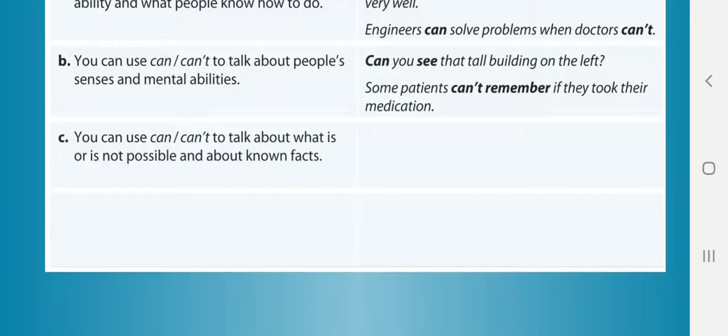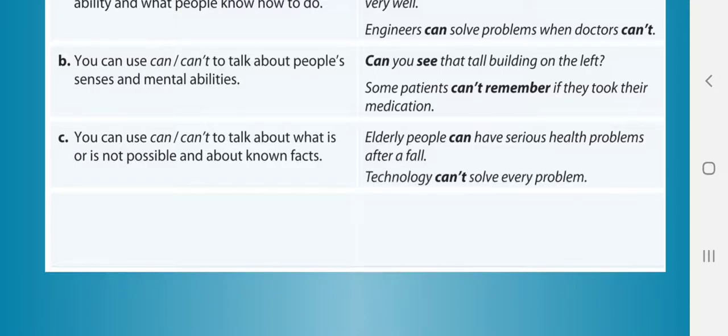You can use can or can't to talk about what is or is not possible and about known facts. For example, elderly people can have serious health problems after a fall. Or technology can solve every problem. Okay, this is a known fact, right?